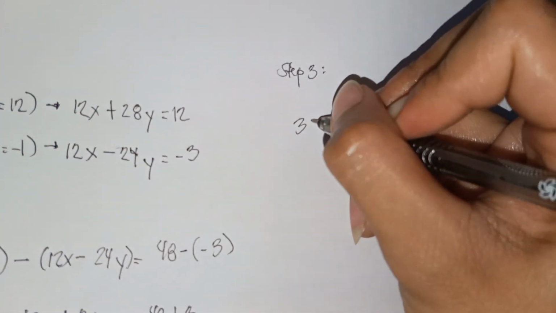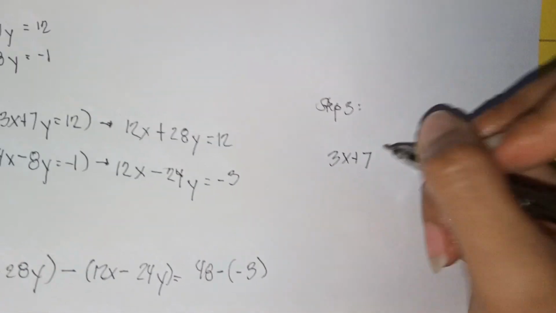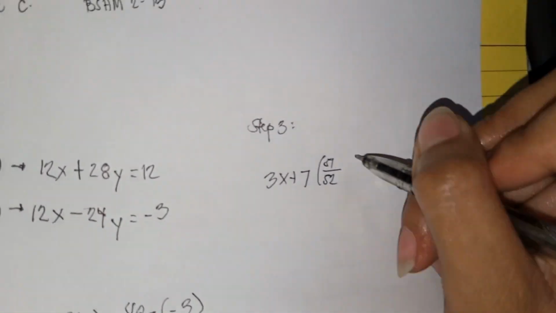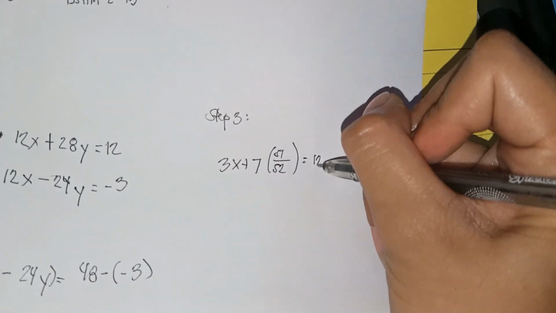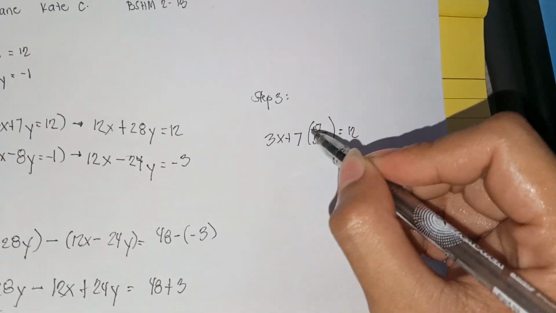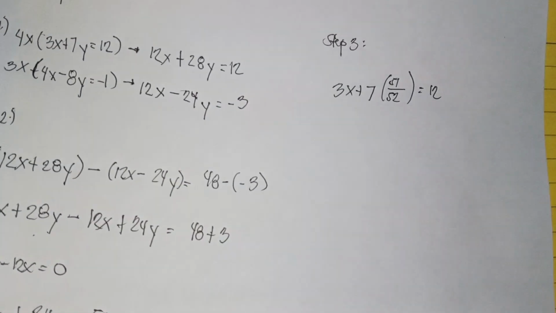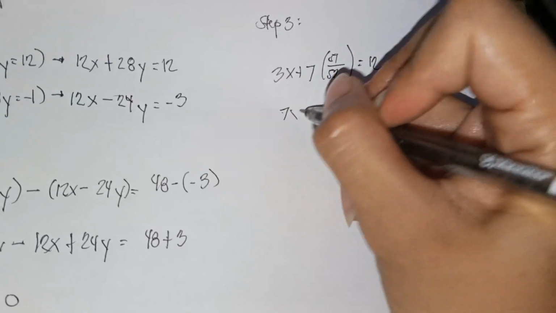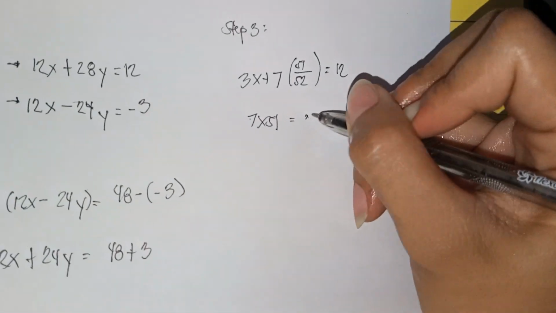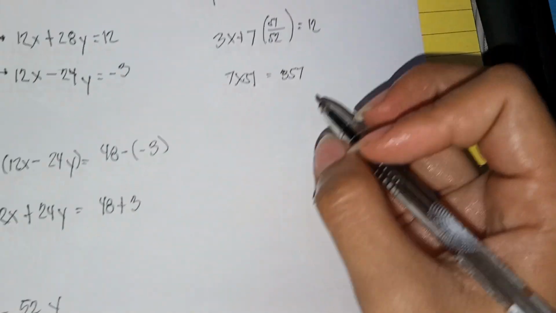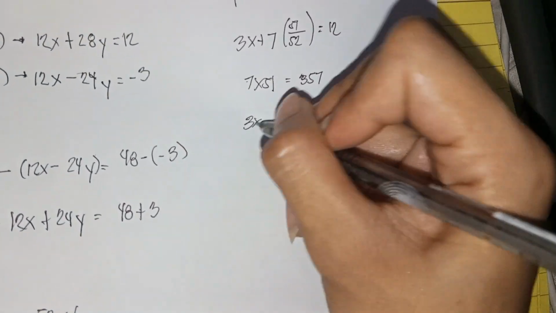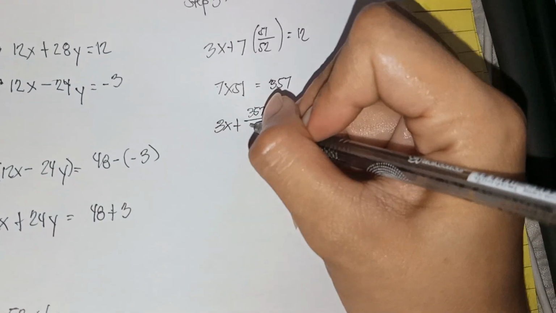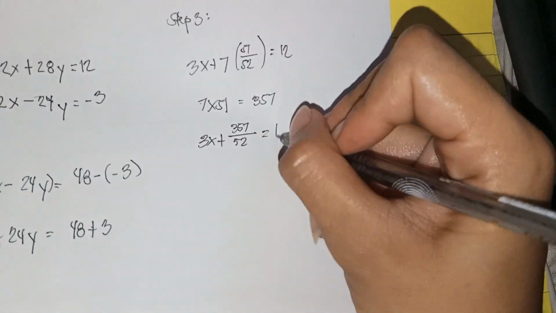So, this is 3x plus 7 times 51 over 52 equals 12. Now, we're going to multiply the 7 into 51. So, 7 times 51 equals 357. So, it is going to be 3x plus 357 over 52 equals 12.